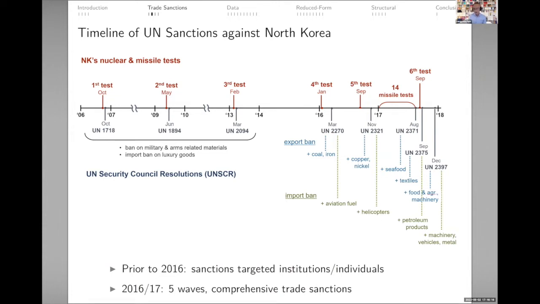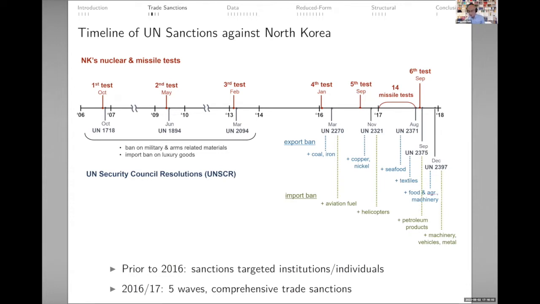Second, if you divide the period into before 2016 and after 2016, you can see that most of the UN sanctions were targeting specific sectors or specific individuals. So it's mostly about a ban of military or arms related materials or sectors, or a ban on luxury goods, coupled with targeting some of the prominent institutions and individuals.